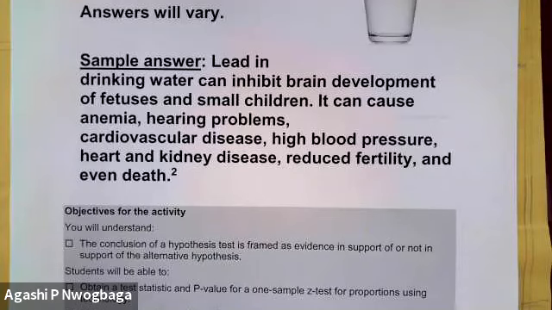What are the objectives of the activity? You will understand that the conclusion of the hypothesis test is framed as evidence in support of or not in support of the alternative hypothesis.